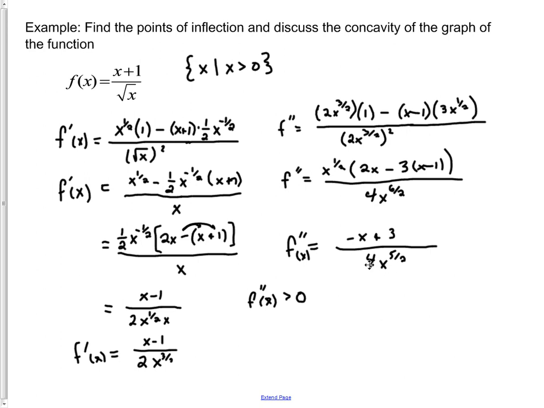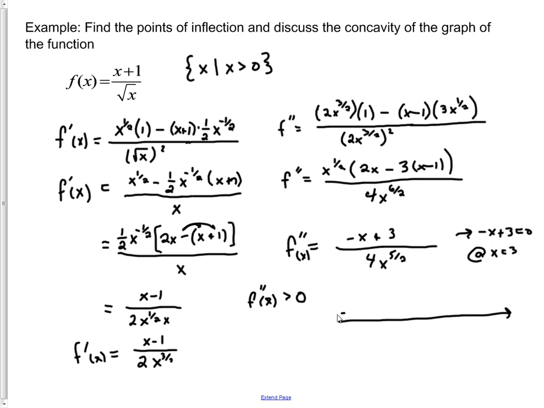We're not really interested in the denominator changing our sign, since our number line is only going to be starting at 0, but we should be worried about where the numerator is equal to 0, and we would say that the numerator, negative x plus 3, is equal to 0 at x equals 3.